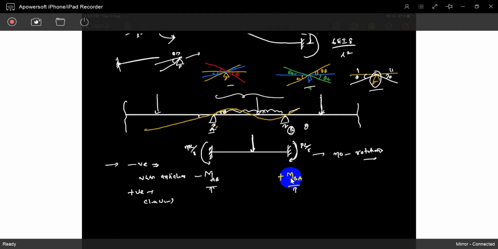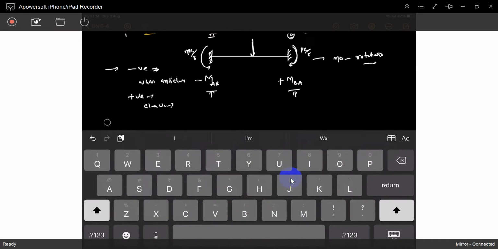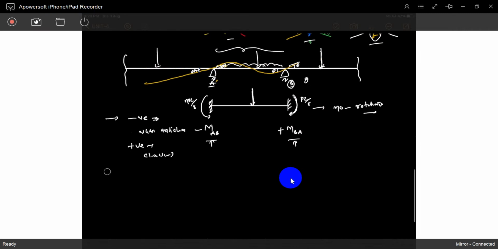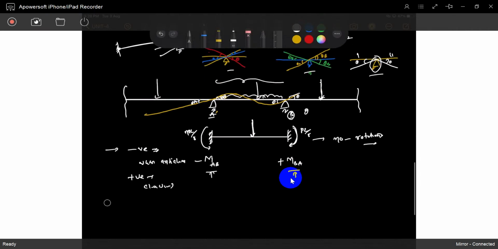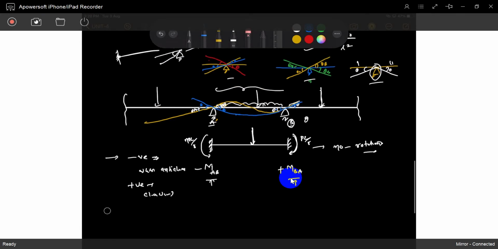So now it has rotation theta. Based on some other loading, it may experience rotation like this also. No problem.